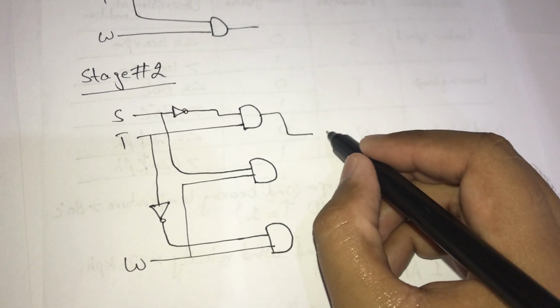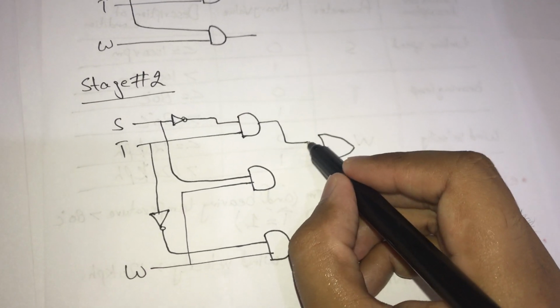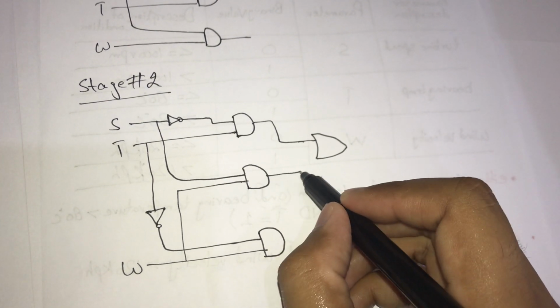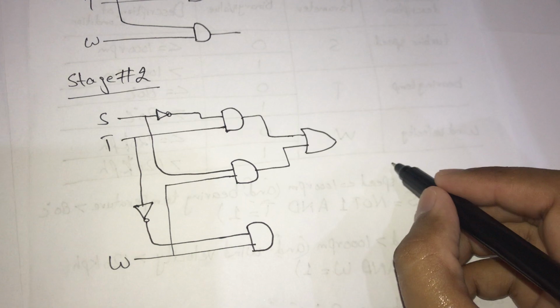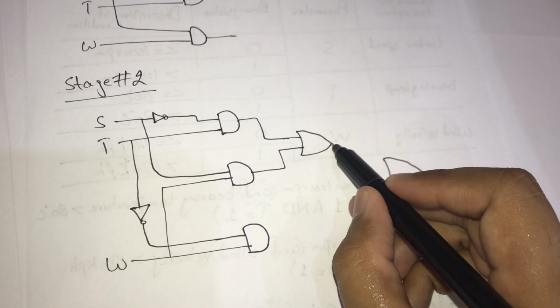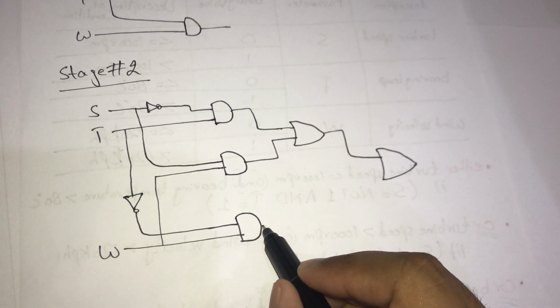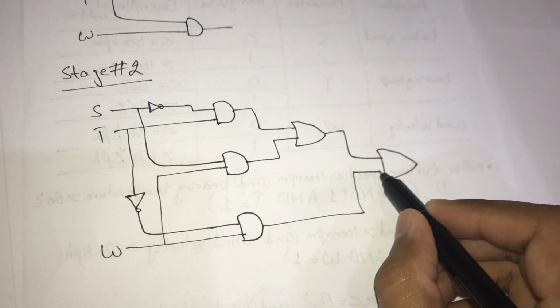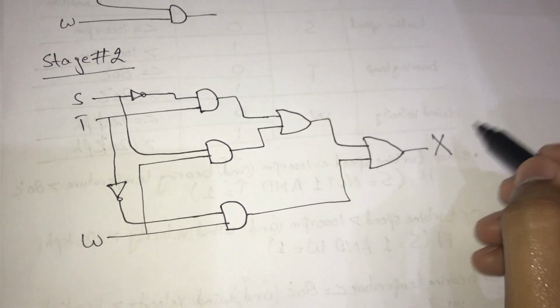So we will use over here an OR gate. Its output will be the other one's input, and this output will be the OR gate's input, and there is our final output, that is X.